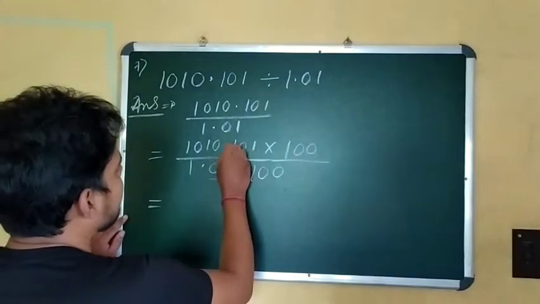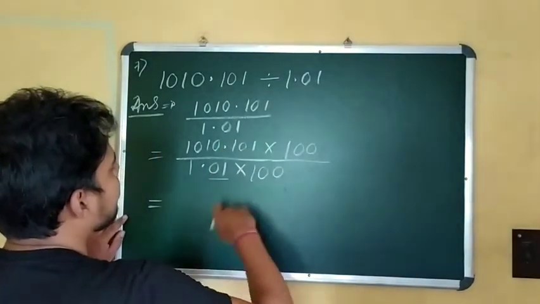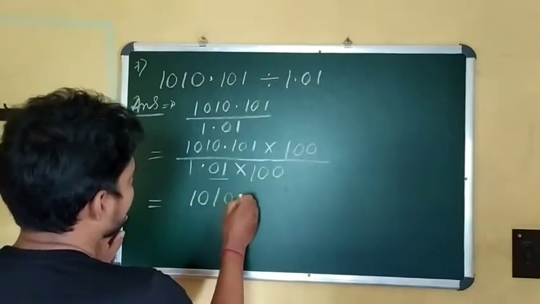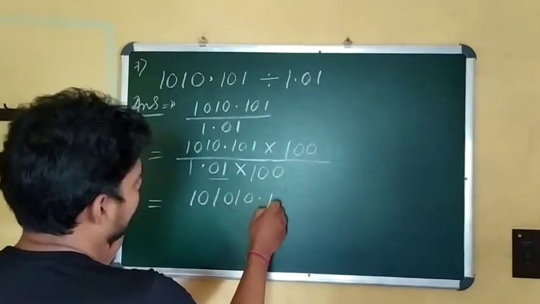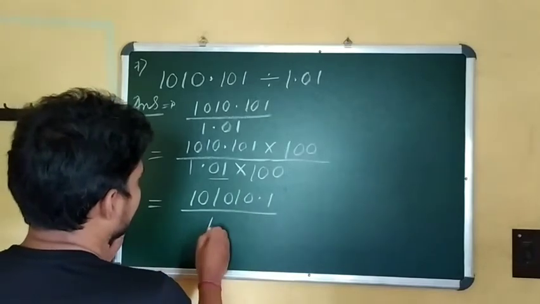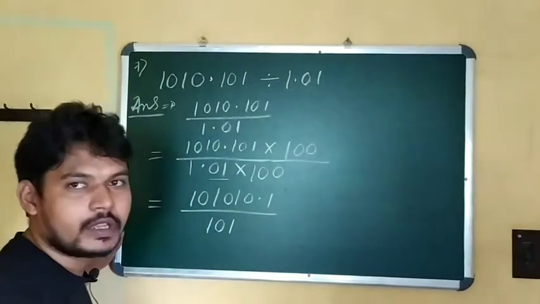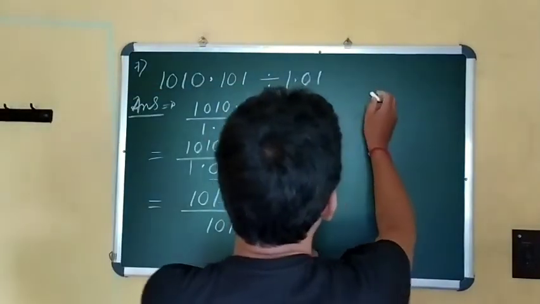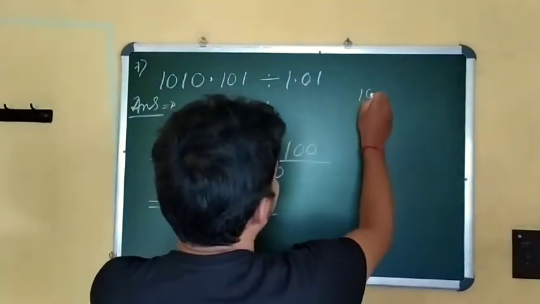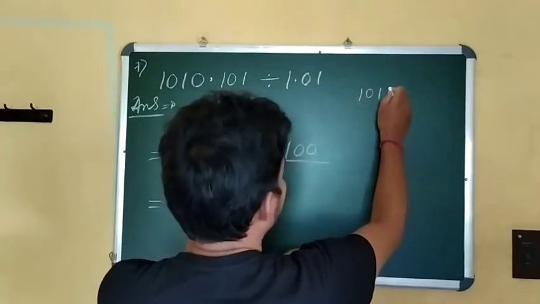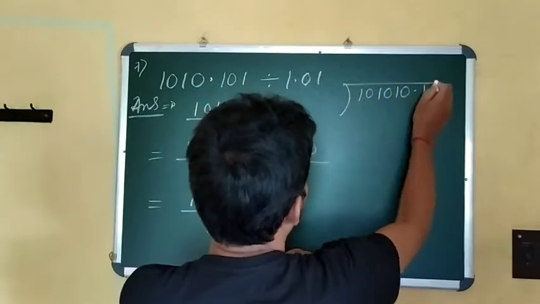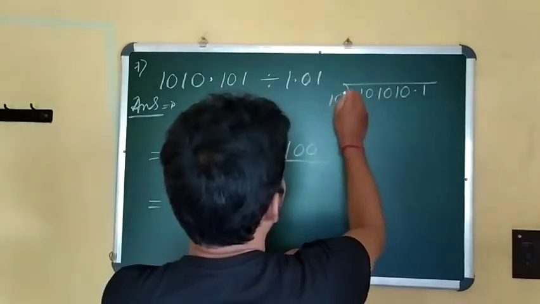Here the decimal point shifts 2 digits to the right, so 101010.1, and here you can see 101. Now we have to divide this number, so let's write down 101010.1 and you divide this by 101.